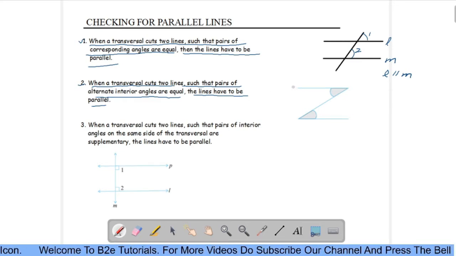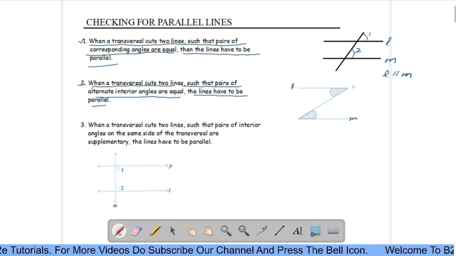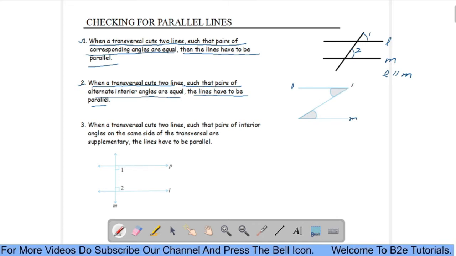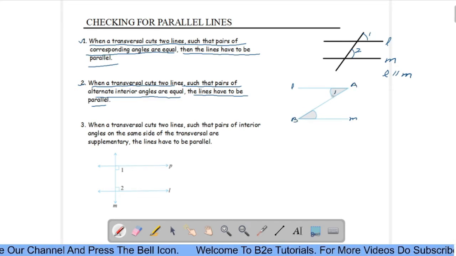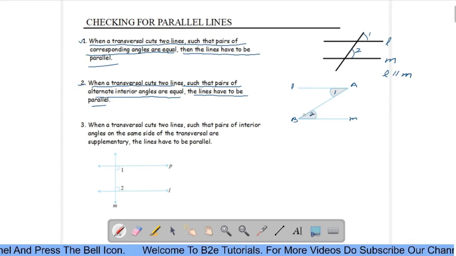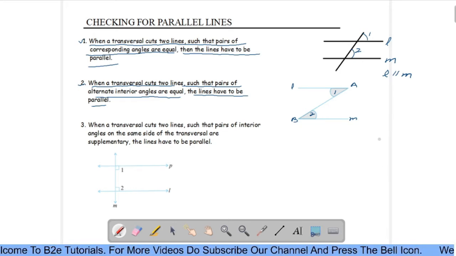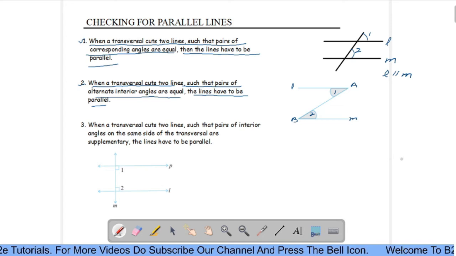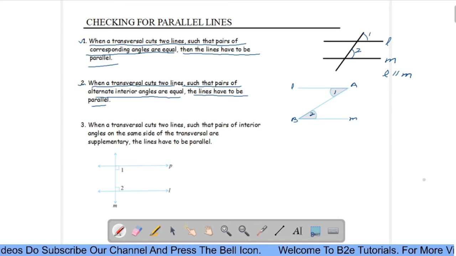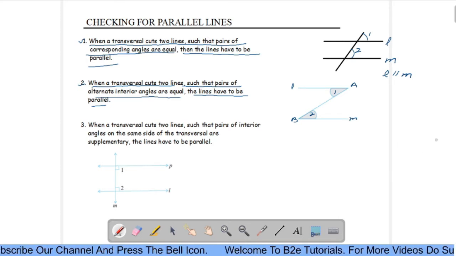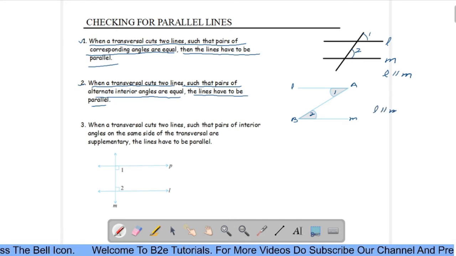That is, if this is your line L and this is M, intersected by this transversal, say A and B. Here, if these two angles, that is angle 1 and angle 2, are equal, then line L will be parallel to M. We can say that if alternate interior angles are equal, then lines are parallel. That is, line L is parallel to M.